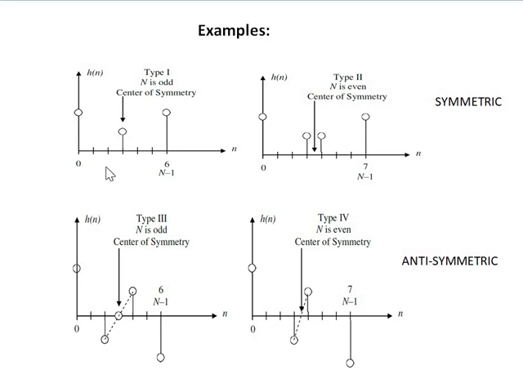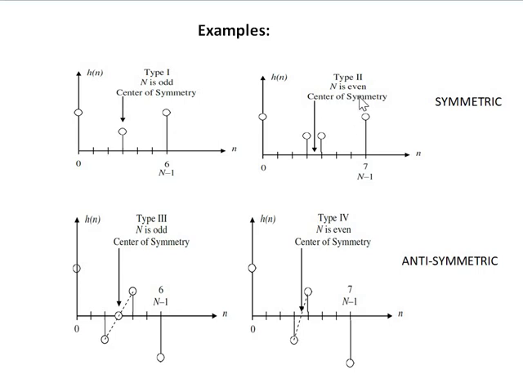One is 0 to less than (N minus 1) by 2, then this is (N minus 1) by 2, and the next one is beyond (N minus 1) by 2 to N minus 1, that is the other part. Remember this decomposition of the n index. This is about the center of symmetry, and it is also called alpha. Alpha is here (N minus 1) by 2. Here N minus 1 is 6, 6 by 2 is 3. You can check like that also.